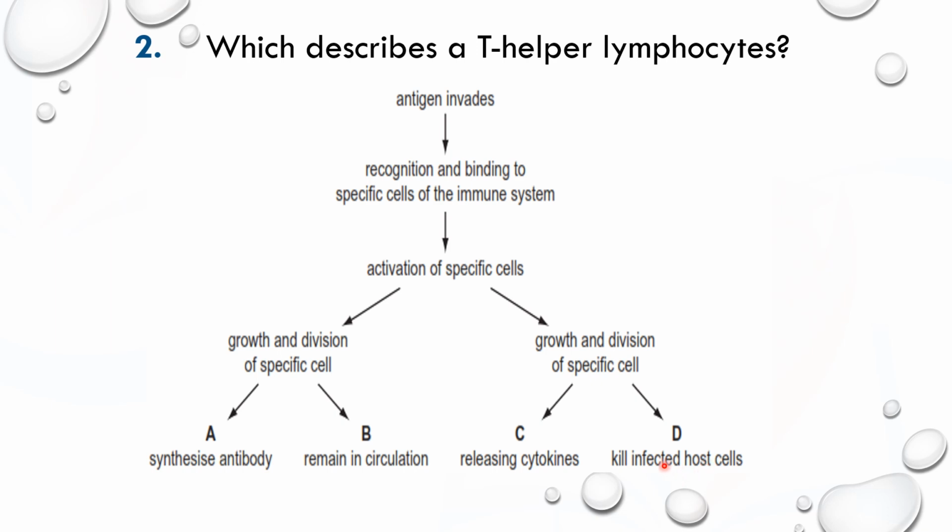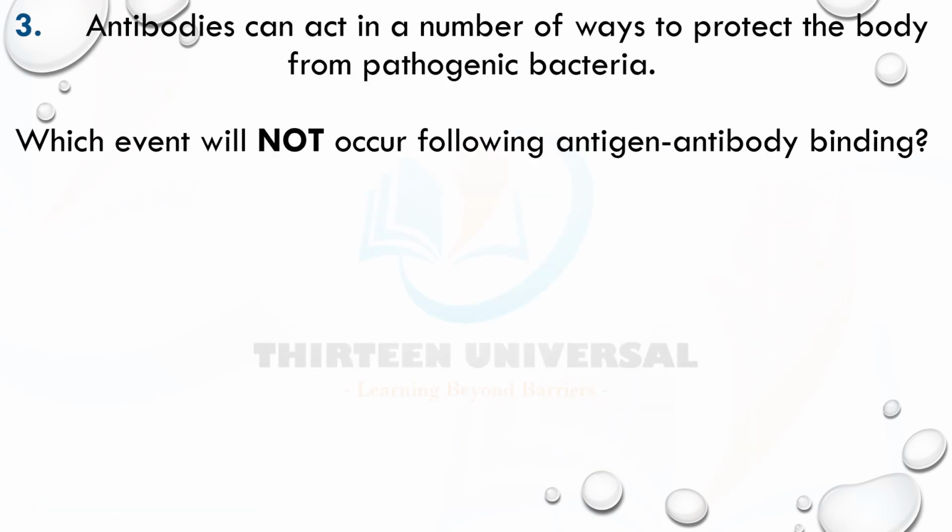That's T killer. T helper releases cytokines, which stimulate the appropriate B lymphocyte to make antibodies, and also stimulate macrophages to increase macrophage action, that is aggressive phagocytosis, and also T killer to kill more infected cells. So the answer is C.